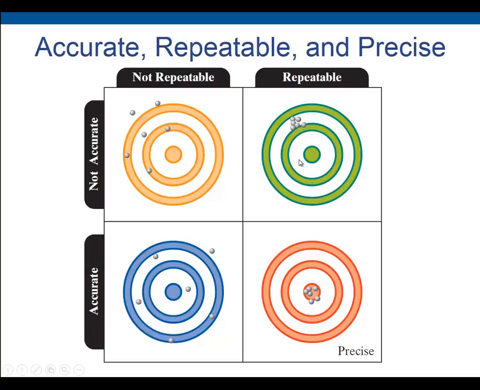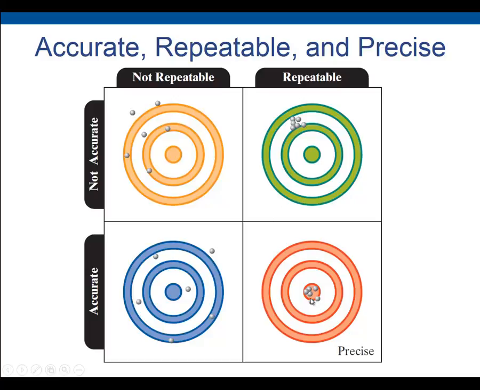Repeatable is how close together multiple measurements are. Alright? So you can see this is very repeatable, but this is not repeatable. This is not repeatable, and this is not accurate. This is also not accurate, but repeatable.